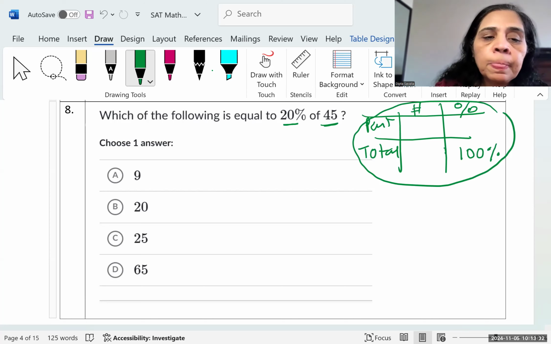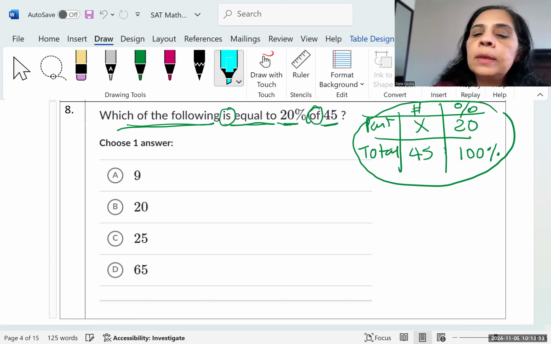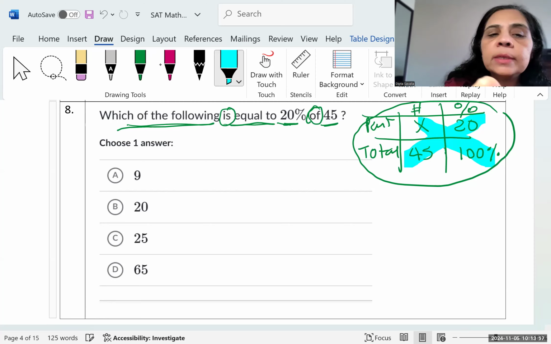So let's see. Which of the following is equal to? So right before "is," that is always part. That is my question. 20%, right? So that is my percent here. Or after "of," whatever number that is your total. And total is always 100%. Now you can just do cross multiplication.